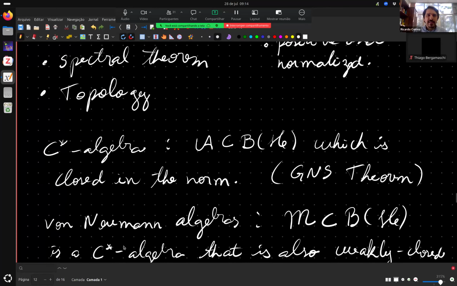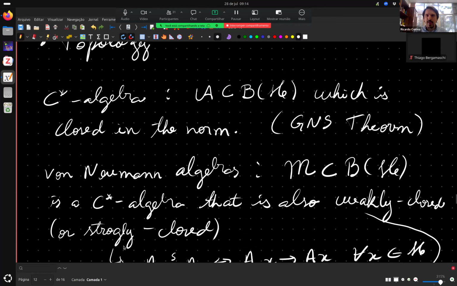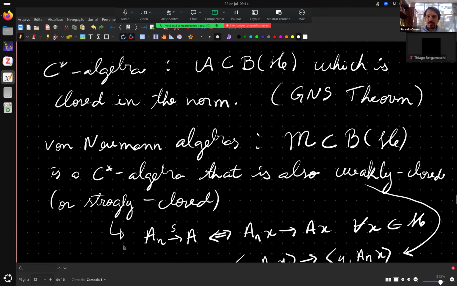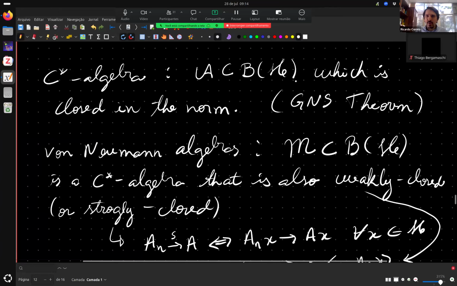And for that, I hope I have convinced you that we need at least the structure of a C-star algebra. And for that, I can restrict myself only to algebras which are represented as bounded operators on a Hilbert space. Also, I hope I have convinced you that I would need a little bit more, namely, unbounded operators, but those unbounded operators will be related to the bounded ones somehow.